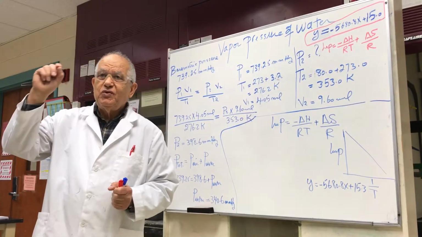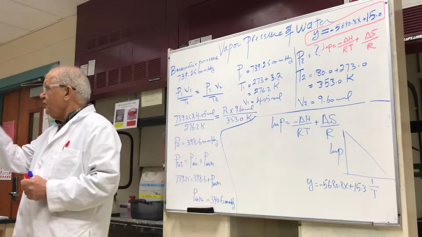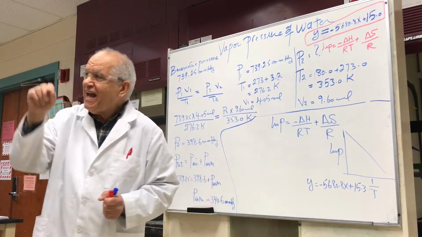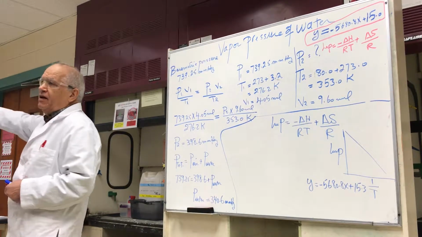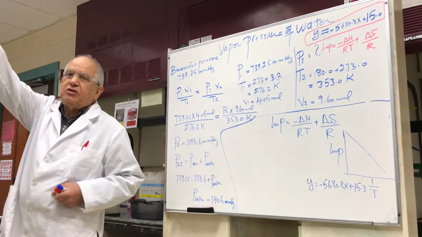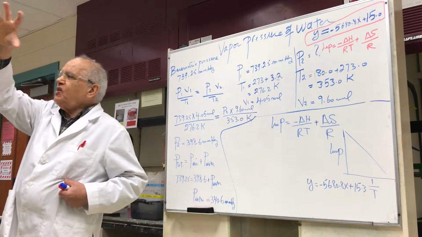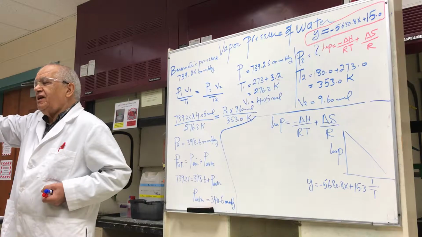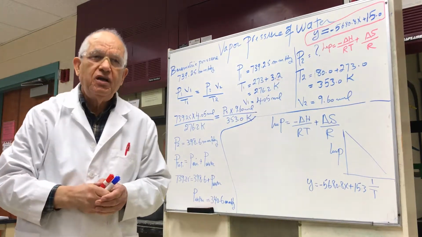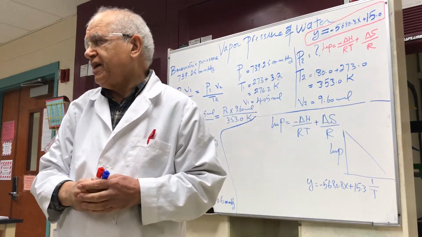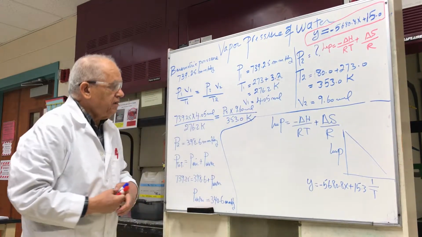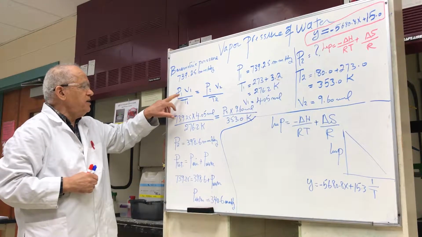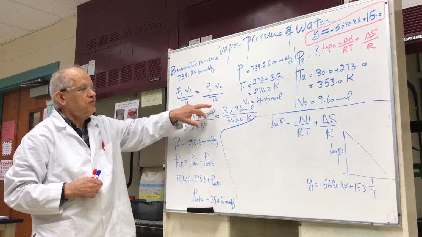We need to find a way to measure the pressure of air at different temperatures. Then we take the barometric pressure as our total, subtract the pressure of air from P total, and that will give us the vapor pressure at different temperatures. So we apply P1 V1 over T1 equal P2 V2 over T2.